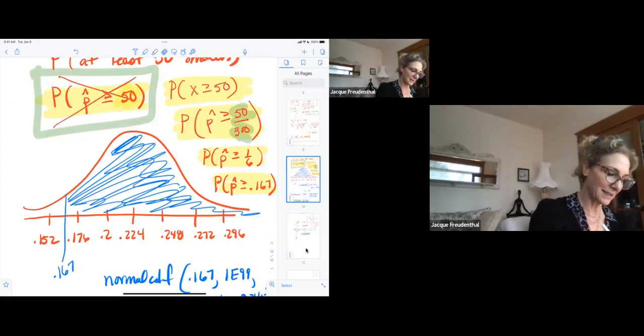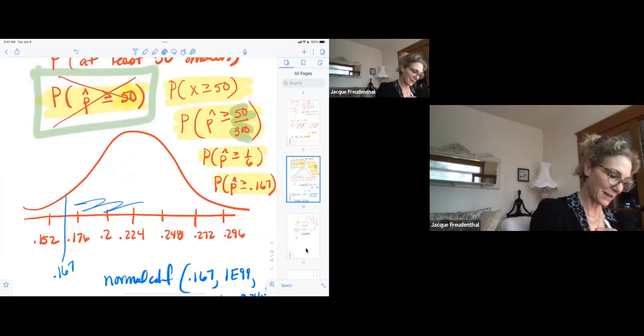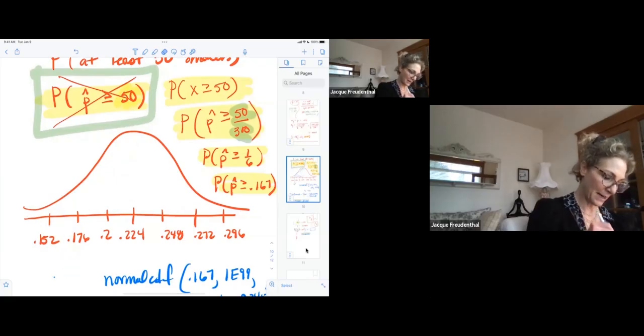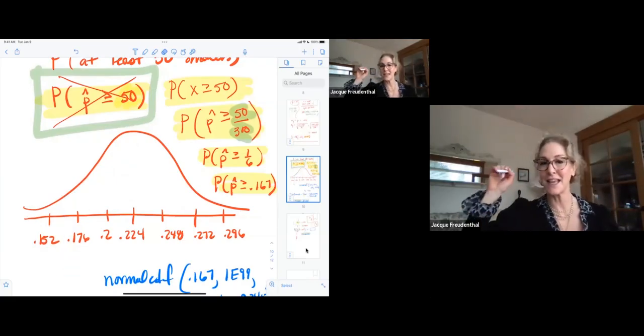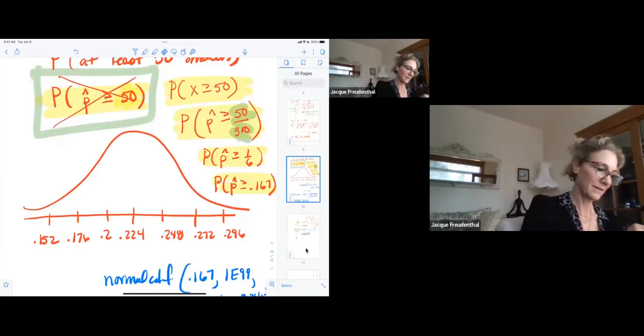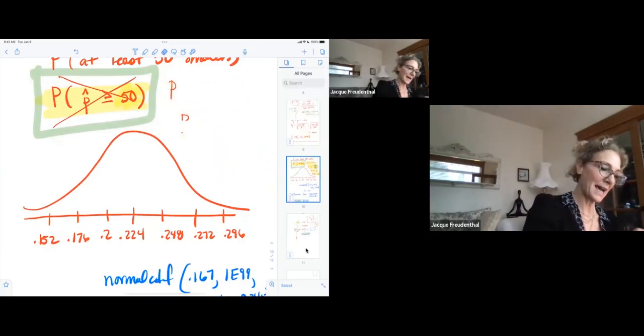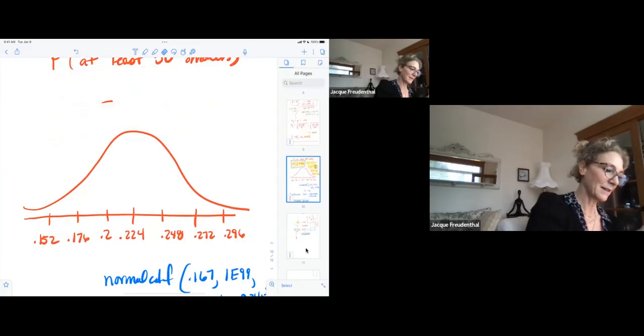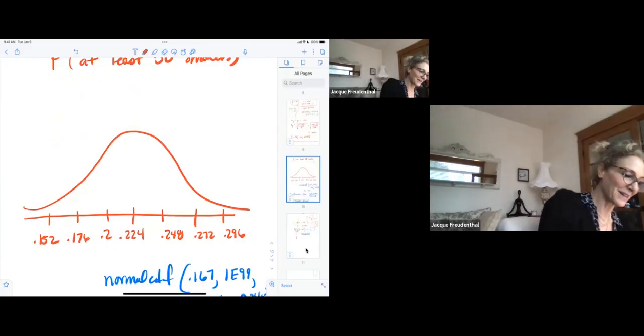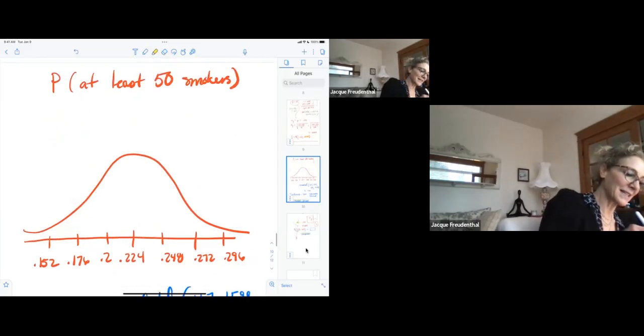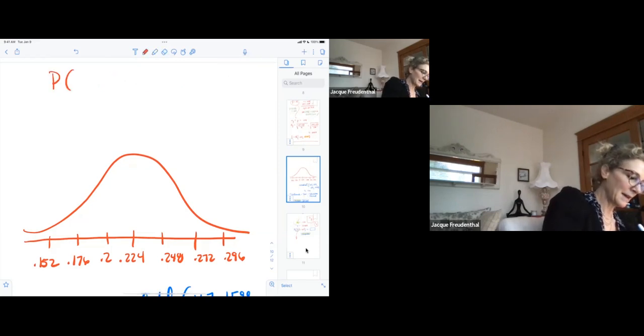I'm just going to erase some of this because my iPad can do that and it makes it easier than rewriting. Okay, so we're going to start out with the same graph. I'm going to erase all this too. But we want to look at the probability that p hat is less than 18%.